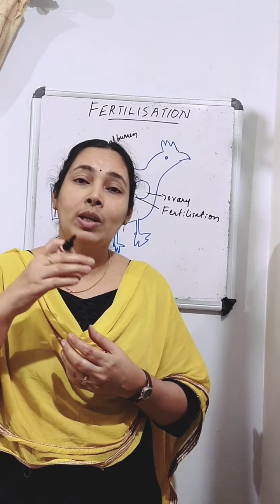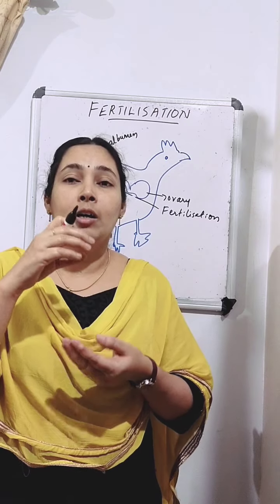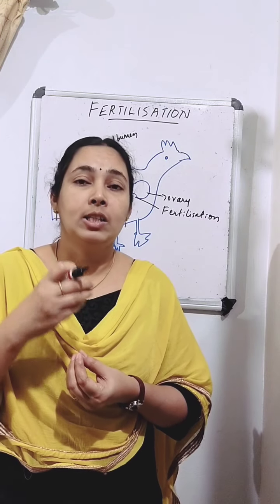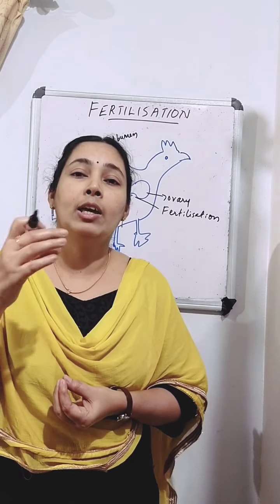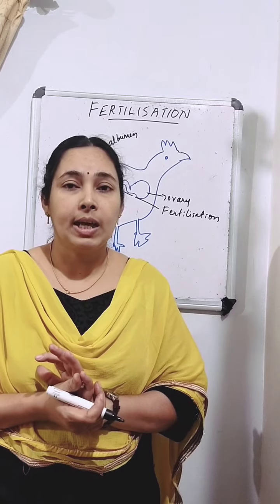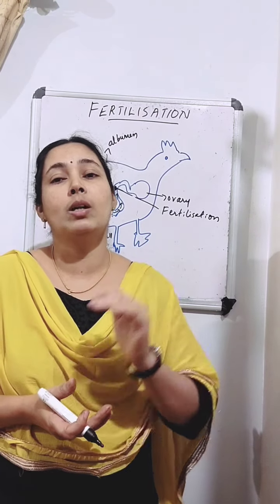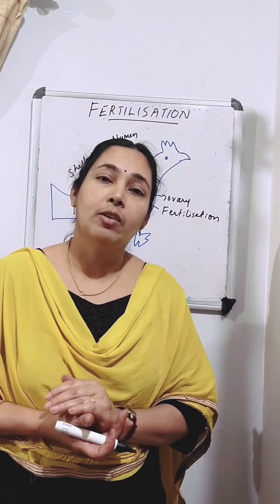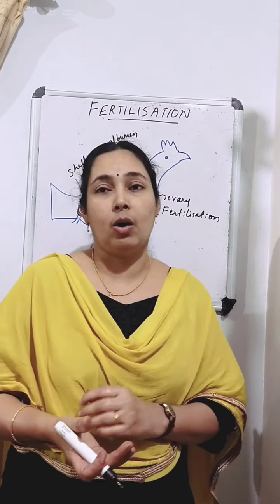Only if sufficient warmth is given for 21 days will the eggs hatch and chicks come out. That is why the hen, after laying eggs for a short period of time, stops laying eggs. And after that, the hen begins to sit on the eggs to provide sufficient warmth. After 3 weeks, we can see the eggs hatch out.